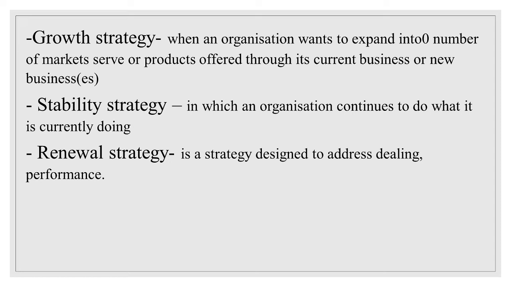The third strategy is renewal strategy. It is a strategy designed to address declining performance. An example of renewal strategy would be a business in the case of the pandemic.